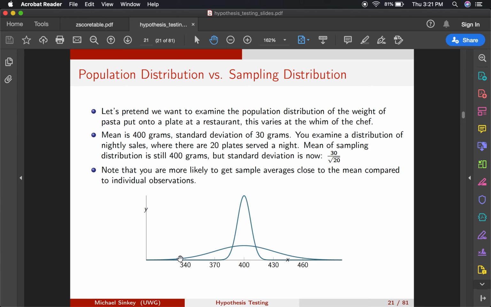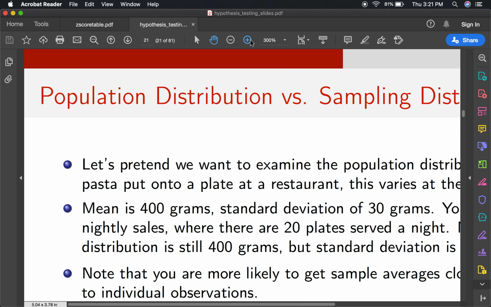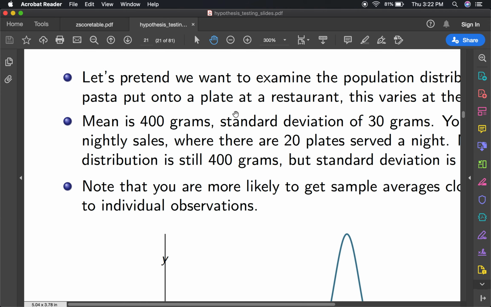So let's pretend we want to examine the distribution of the weight of pasta put onto a plate at a restaurant. Okay, this line down here, the flatter line, is the population distribution. Let me just zoom in on that here.